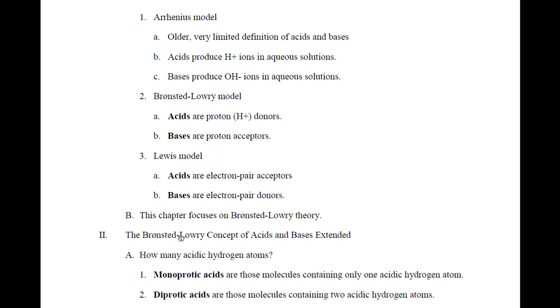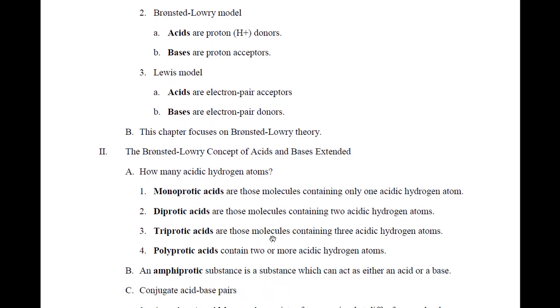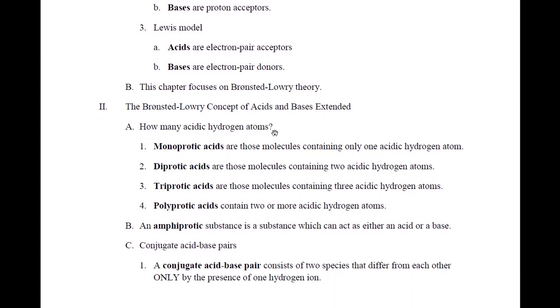So if we extend this idea, we can talk about how many acidic hydrogens are on a particular acid. By the way, acidic hydrogens are always written first on the molecule for acids, unless they are organic amines which have been protonated, but I'll explain that in a little bit.